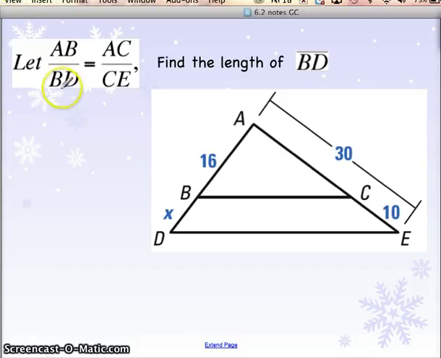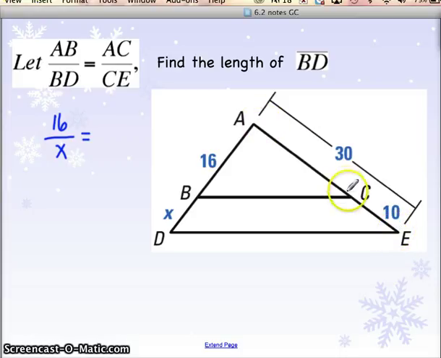Again, we have the setup, so we just have to look at the picture and fill stuff in. AB is 16. BD is X. AC, oh, I don't know what it is, but the whole thing is 30, and this portion right here is 10.